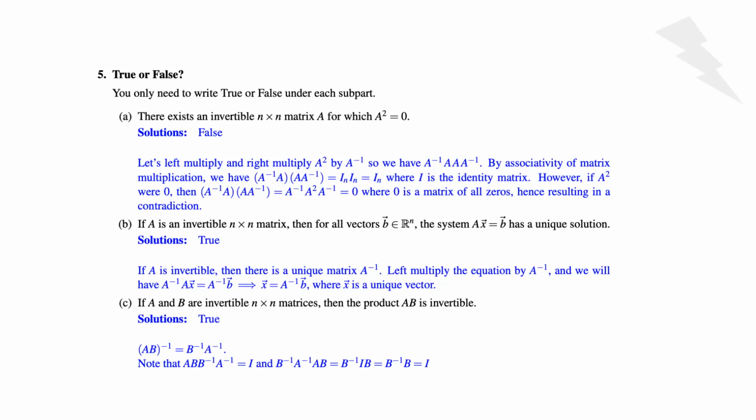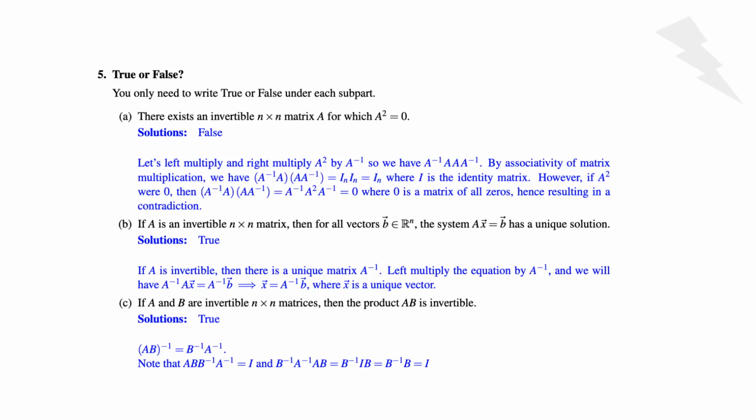You can also break down the identity matrix as A inverse times A squared times A inverse. But the question says the invertible matrix squared equals 0, and the 0 matrix isn't equivalent to the identity matrix. So you can't say this is true, and that's where the contradiction comes about.